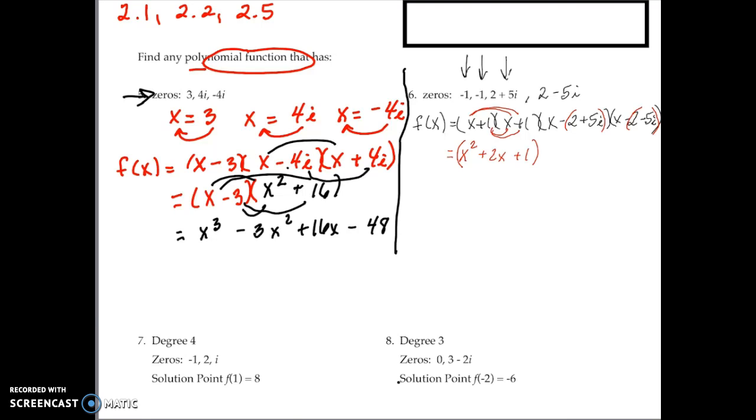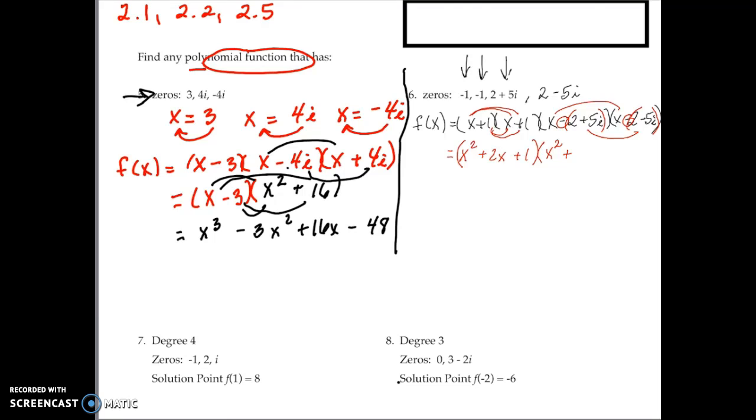And now I'm going to multiply these complex conjugates. The first times the first is x squared. Remember that the outside and the inside of the complex conjugates will always cancel. So now I only need to multiply the last times the last. Well, a negative times a negative is a positive.